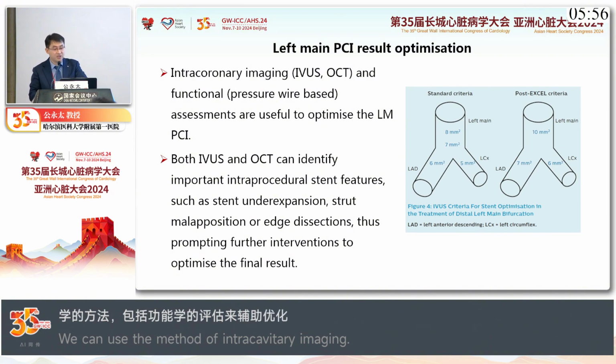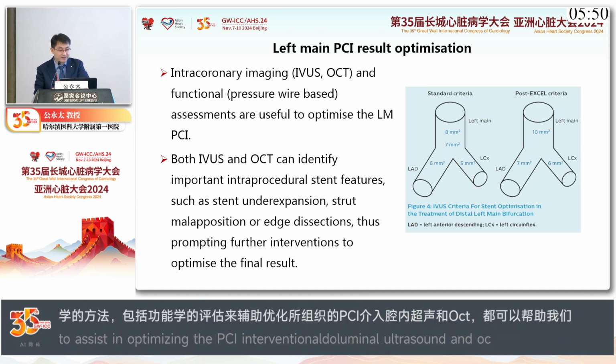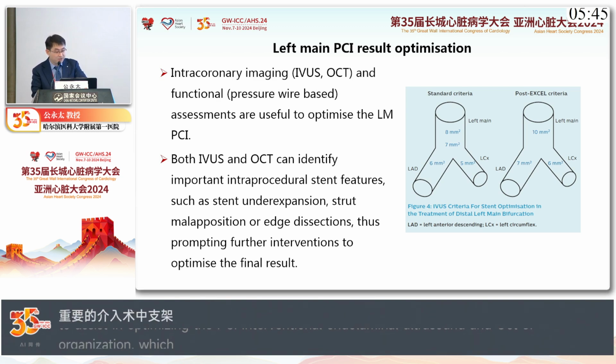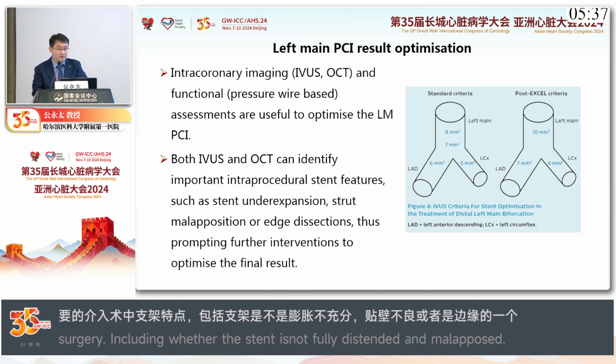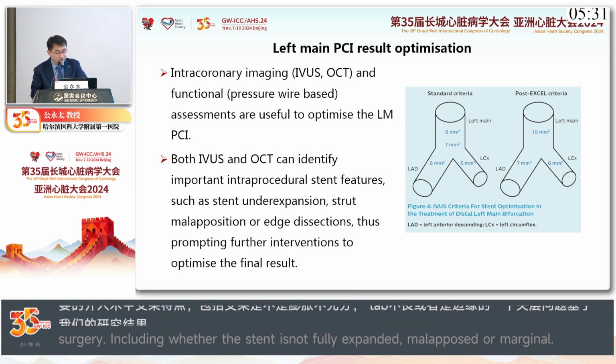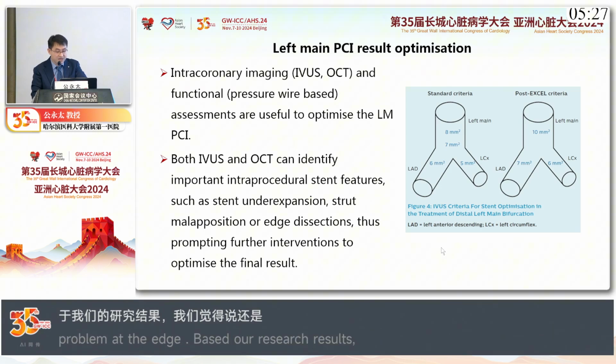Both IVUS and OCT can identify important intra-procedure stent features, such as stent underexpansion, malapposition, or edge dissections. Based on the findings, we can perform further intervention to optimize the final result.